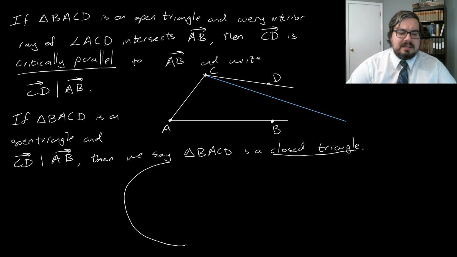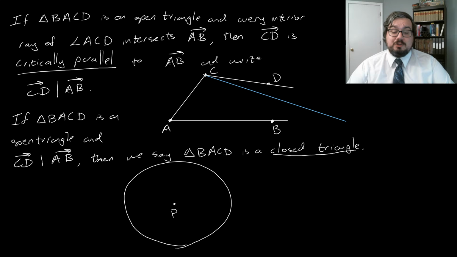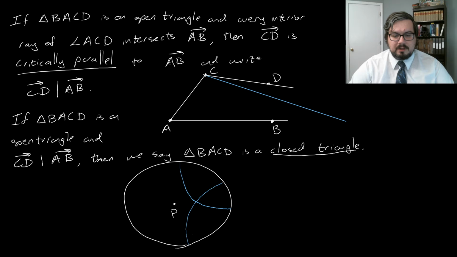We can see some of what's going on here if we look at some examples using the Poincaré model. If I try drawing an open triangle, I'm going to need some segments and some rays. So I'm going to sketch in a few Poincaré lines here.